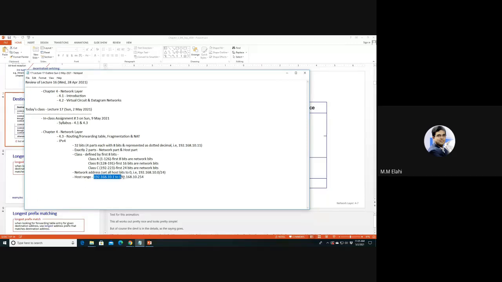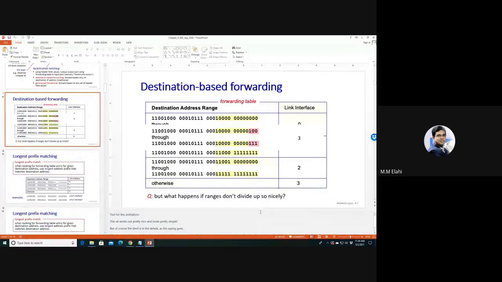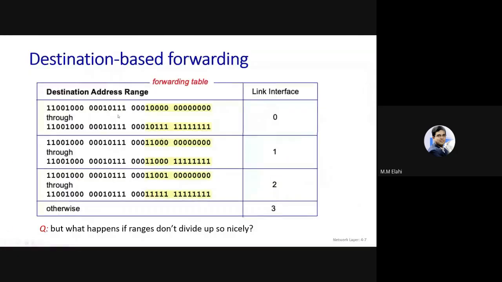Because an arriving packet will have a destination IP, a valid IP. So if that IP is in this network, then can I say that destination IP must fall between this range? Yes or no? Yes, sir. Definitely yes.